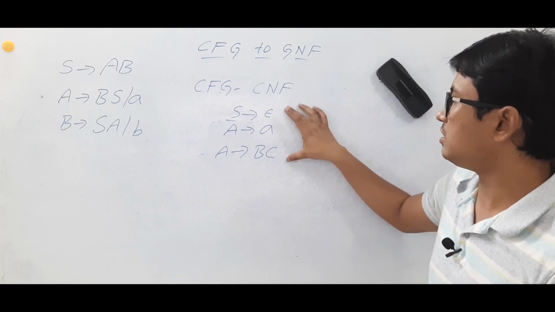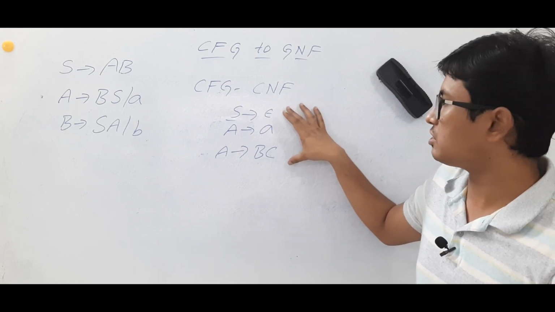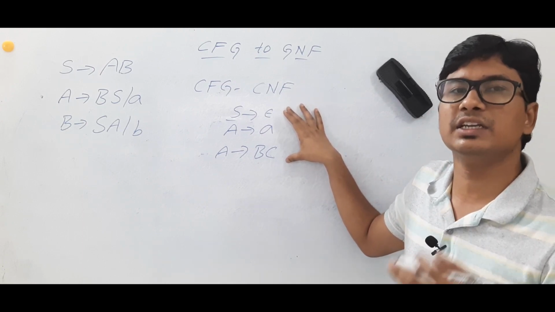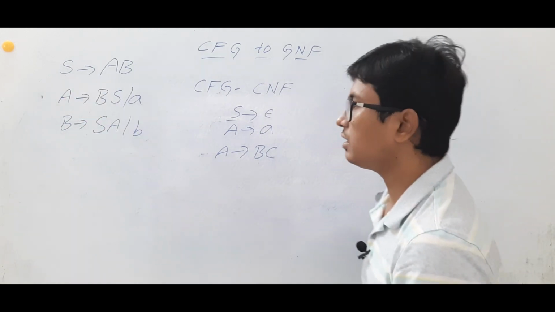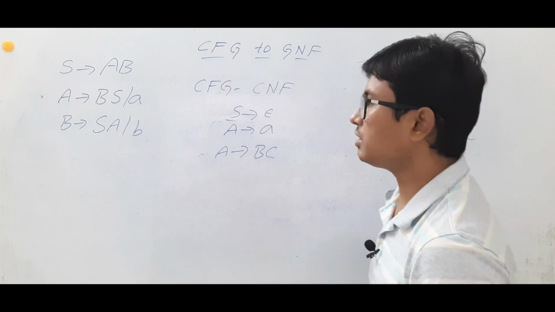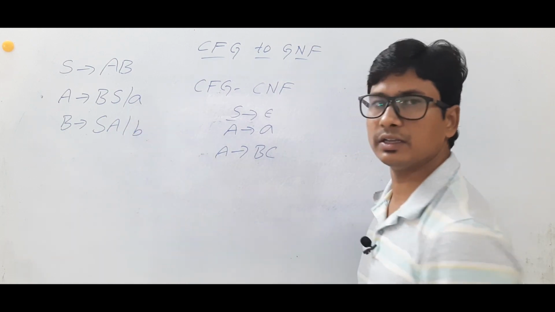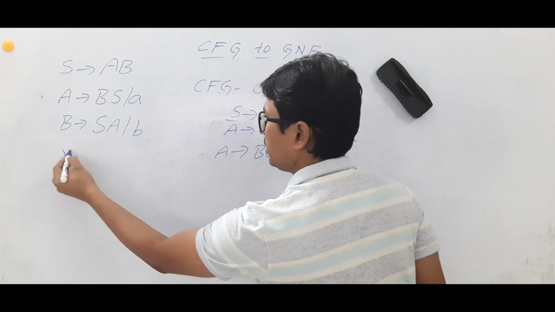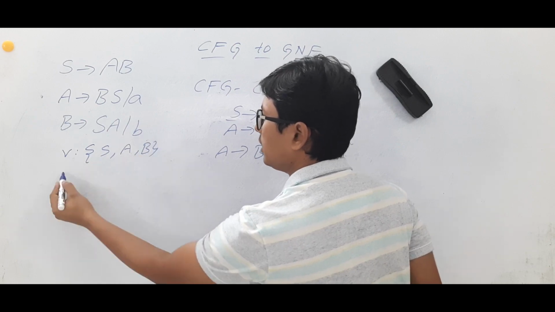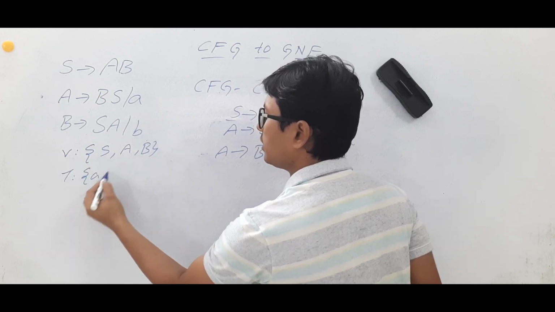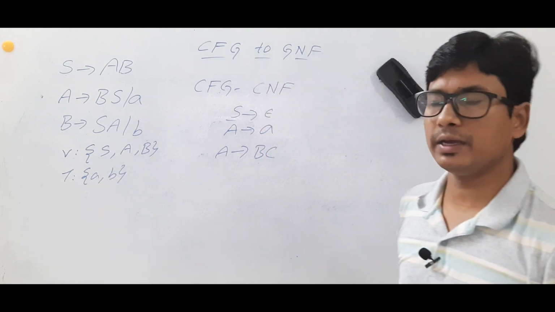So if a grammar consists of these rules, I can say that it is in CNF. Now S is a variable, A and B are variables, and small a and small b are the terminals. The variables are S, A, B. The terminals are small a and small b. Is it clear?